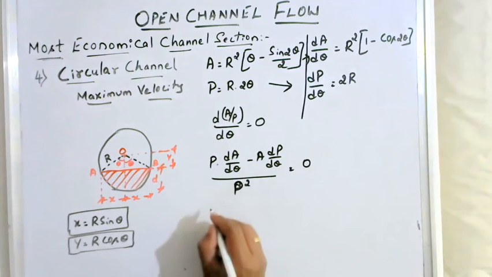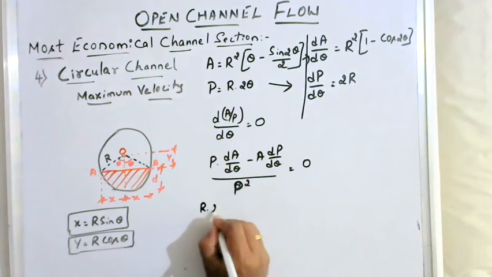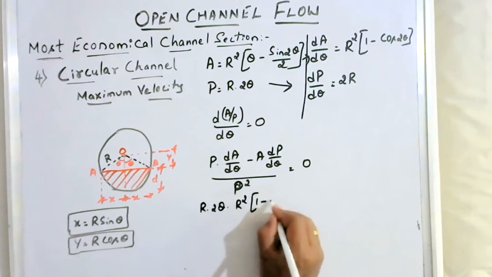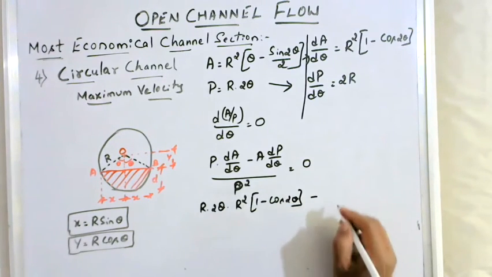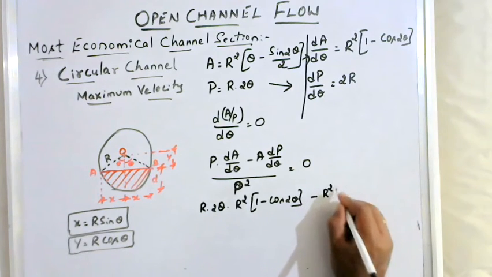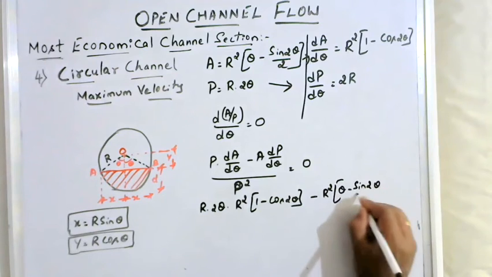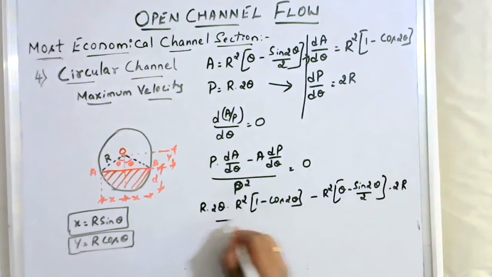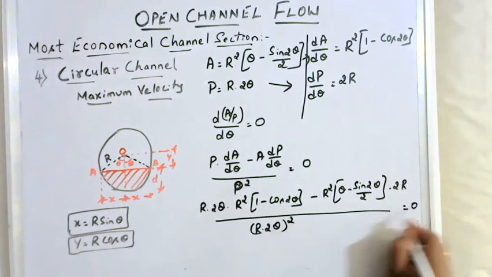Now you substitute the values. The wetted perimeter is r into 2 theta, into dA by d theta, that is r squared into 1 minus cos 2 theta, minus A, that is r squared into theta minus sine 2 theta by 2, into 2r, that is dP by d theta, whole divided by (r 2 theta) squared, equated to 0.